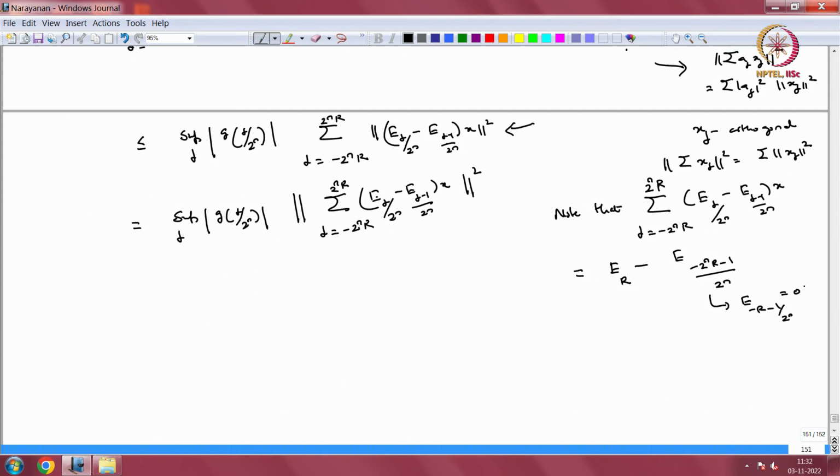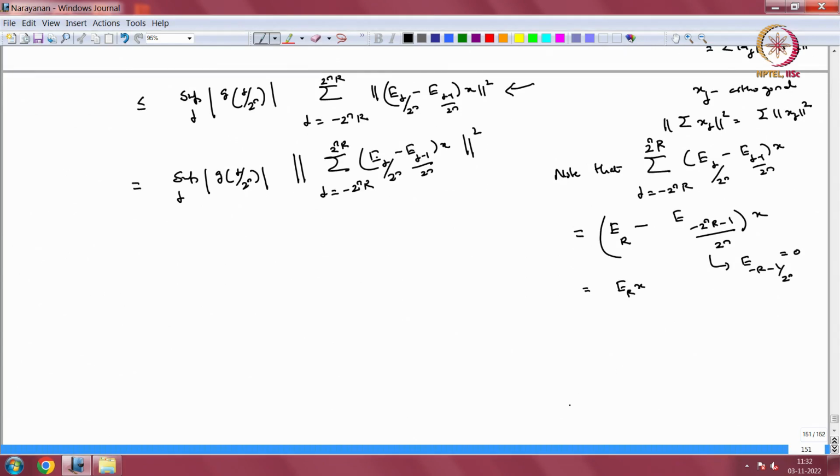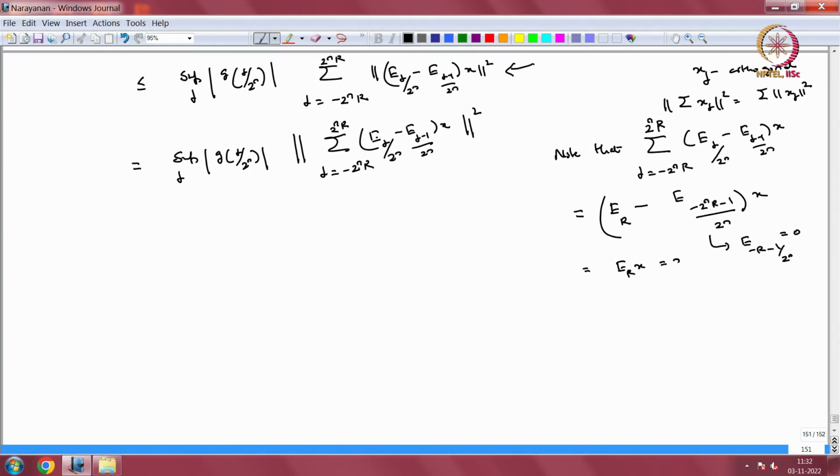So, this is acting on x and this is equal to E_r acting on x, but remember our resolution of identity is supported in minus r to r. So, this is simply x. So, I have proved that this is equal to the supremum over j of |g(j/2^n)| times norm x squared.